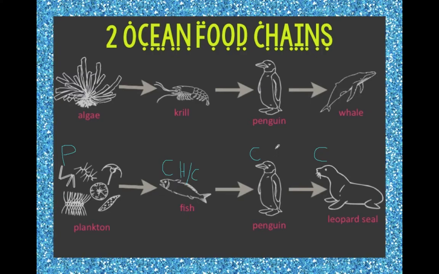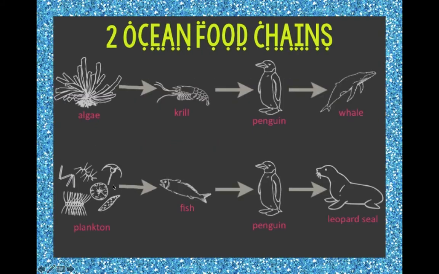Our penguin is a carnivore, and our leopard seal is a carnivore. Now in this case, our fish is a predator to plankton, but they are prey to the penguin. Our penguin is a predator for fish, but they are prey to a leopard seal.